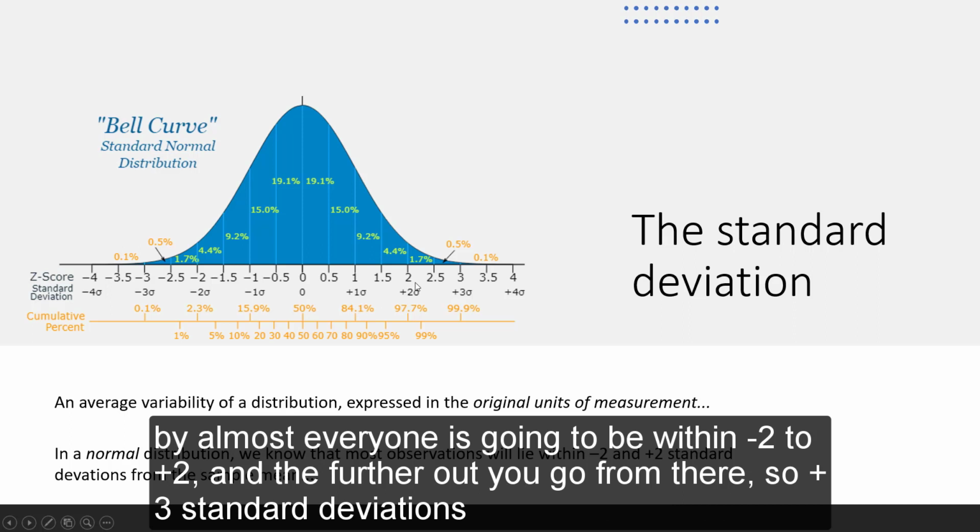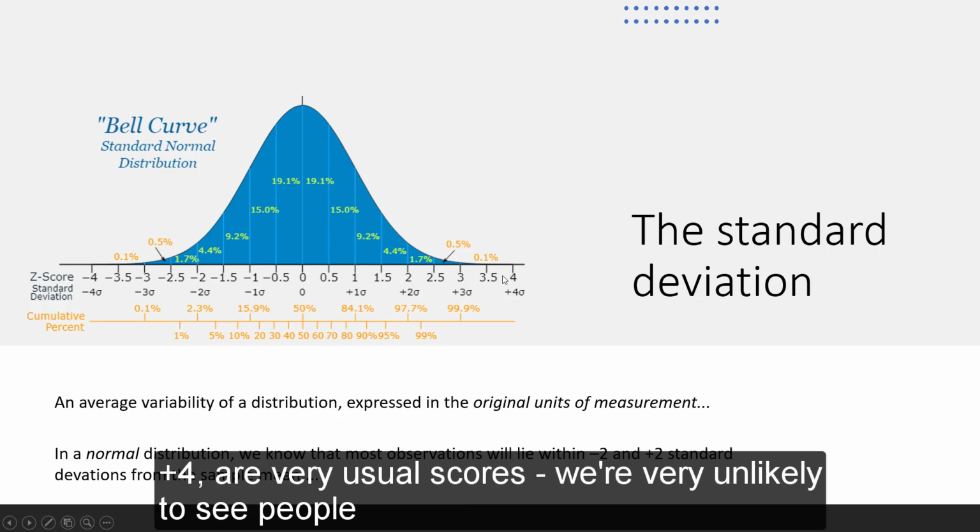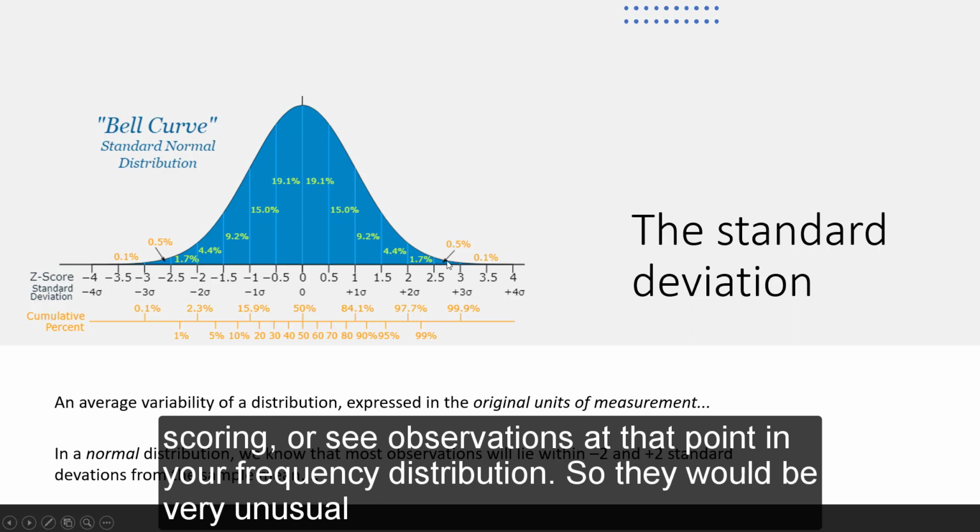But almost everyone is going to be within -2 to +2, and the further out you go from there, so +3 standard deviations, +4, those are very unusual scores, very unlikely to see people scoring or observations at that point in your frequency distribution. So they'd be very unusual.